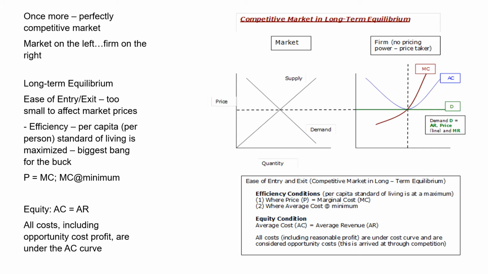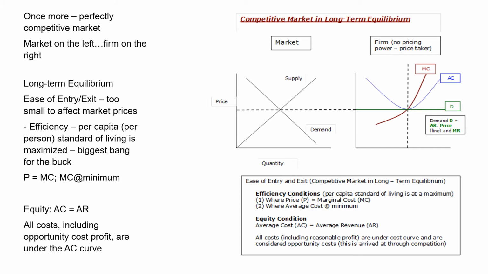So we're looking at the long-term equilibrium, their ease of entry or exit, where individual firms are just too small to affect market prices. Again, looking at long-term equilibrium, we meet the efficiency criteria that per capita standard of living is maximized. You're getting the biggest bang for the buck, if you will.